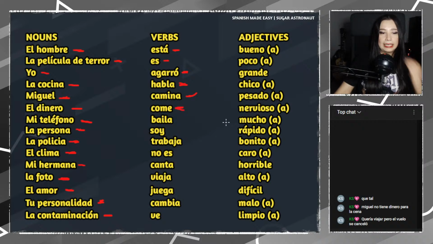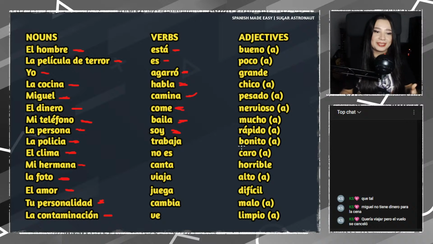Come, eat. Baila, dance. Soy, it's not soy, like the bean. We're talking about a verb here. Also, that is the conjugated verb to be.